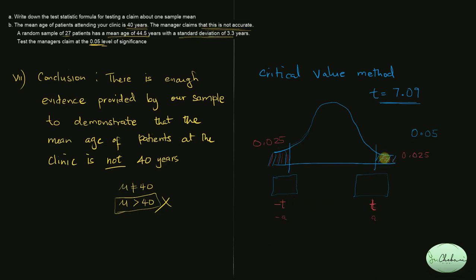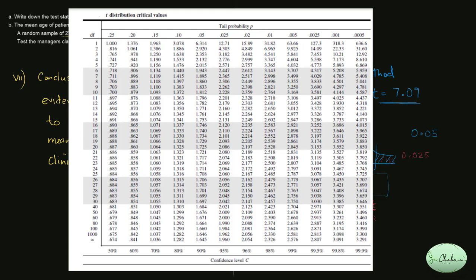So let's go to the t distribution now and find a number at 26 degrees of freedom where we have an area of 0.025 on the right side, or an area of 0.025 on the left side. I'll bring up the t distribution.